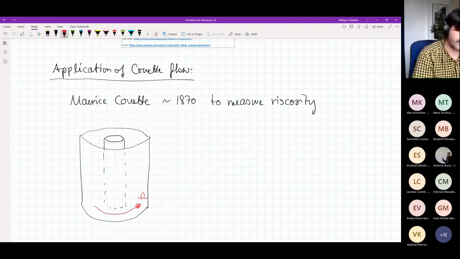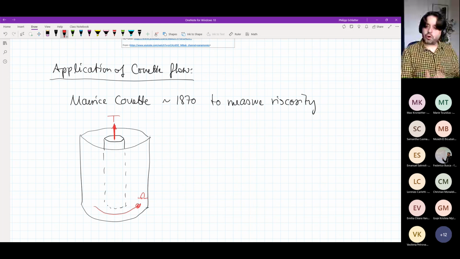So rotational speed. Let's say that we used the angular velocity of capital omega for that speed. And then he was measuring the torque that essentially arose from that speed of the outer cylinder on the inner cylinder.